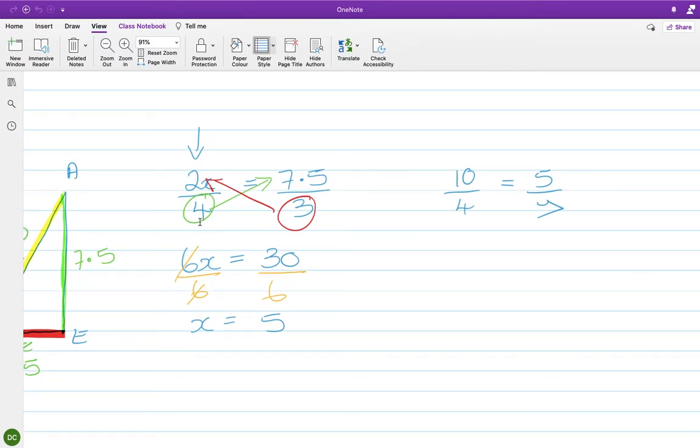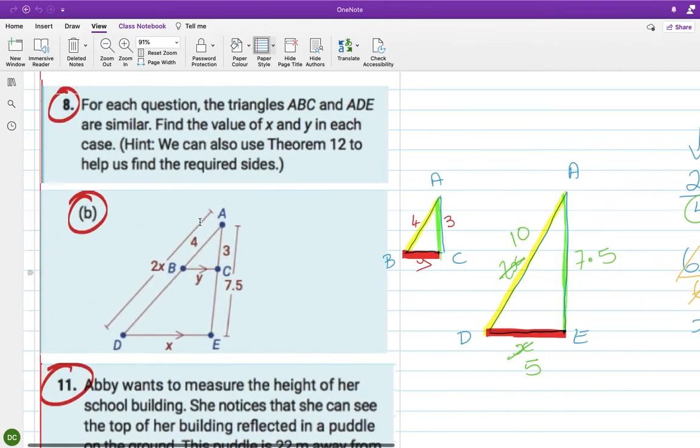Okay, so the 4 with the 5 and the y with the 10 gives us 10y equals 20. And then we divide by 10 to isolate the y. So y is 2. So x is 5 and y is 2 for the first one.